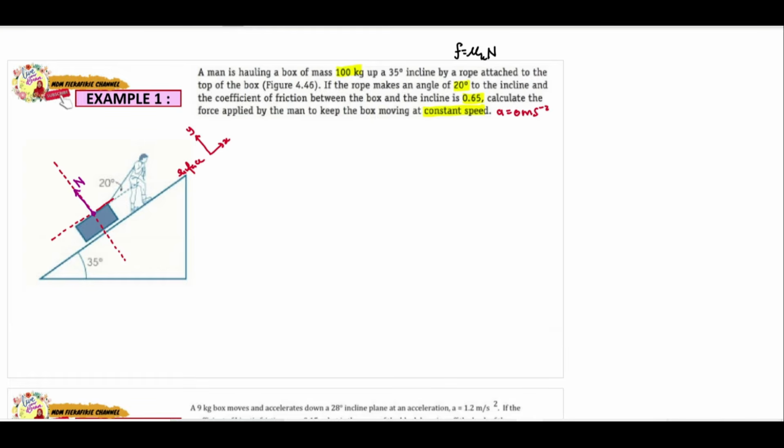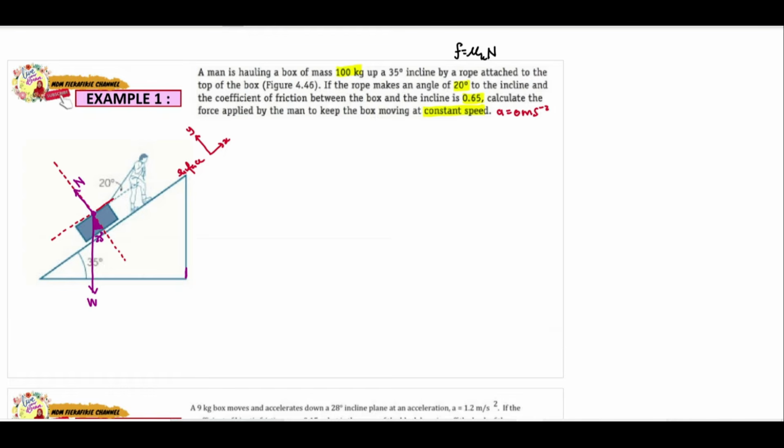Okay, and kedua mesti ada weight. Weight jangan salah. So weight straightly downward. And then the angle here should be 35 degree. Nanti ada yang tanya kenapa 35 degree sama dengan angle inclined plane. Saya dah pernah cerita dalam video nota animasi sebelum ni, so boleh tengok dekat sana.